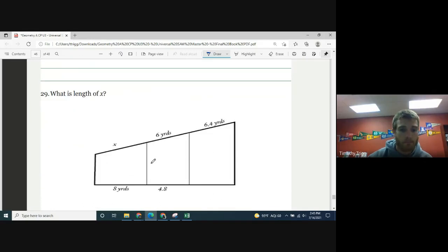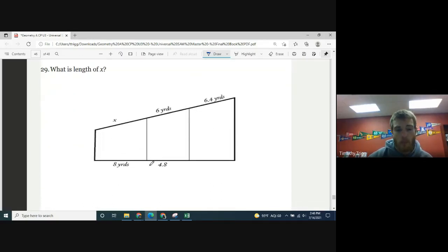Number 29. A lot of people get stuck on this one a little bit because they give you more information than you need. But if we look at x is to 8 as 6 is to 4.8. So notice I'm comparing x with 8, 6 with 4.8.